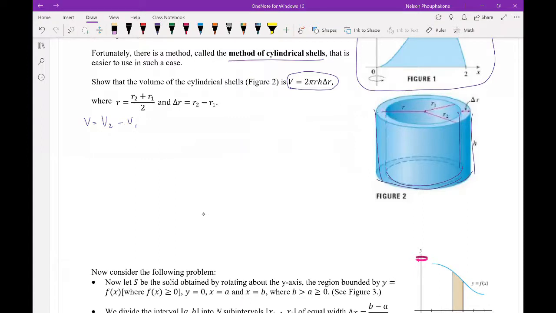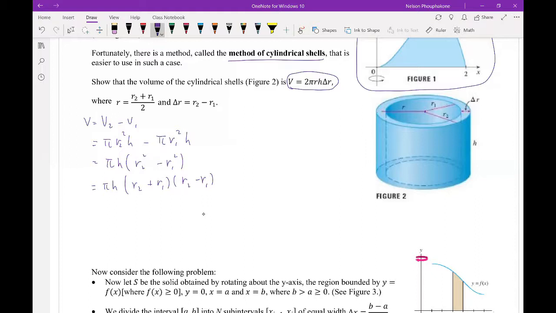V sub 2 will be pi R sub 2 squared H, minus V sub 1, which is pi R sub 1 squared H. Then we could factor out pi H, and I will have R sub 2 squared minus R sub 1 squared. Then we could factor this, so I will have R sub 2 plus R sub 1 times R sub 2 minus R sub 1.